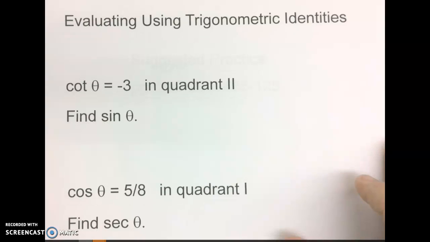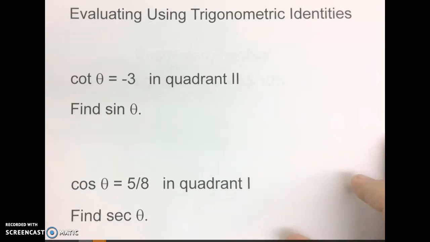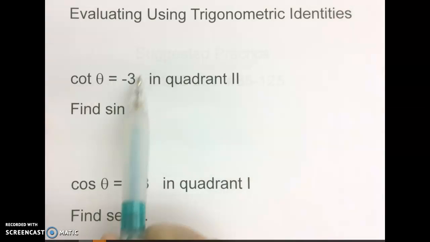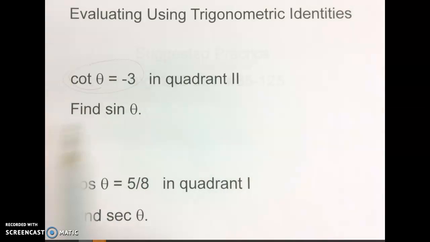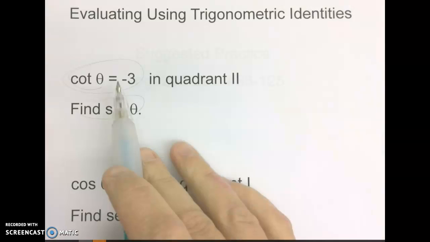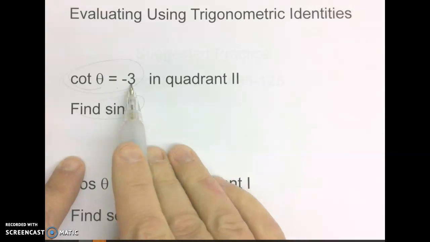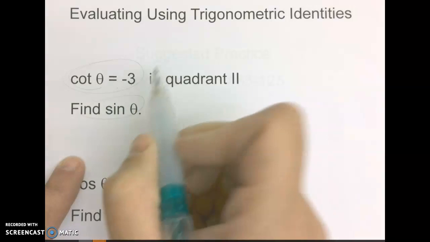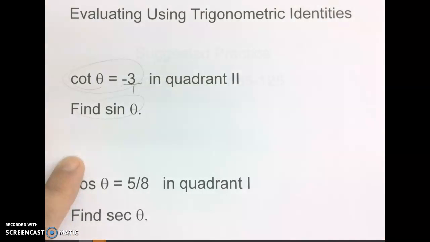Okay, now evaluating using the trigonometric identities. As we evaluate, we're going to use our trig identities. Now, do we know anything about cotangent and sine? Is there something that relates them together? If it tells me the cotangent is negative 3, then I could say that's negative 3 over 1.